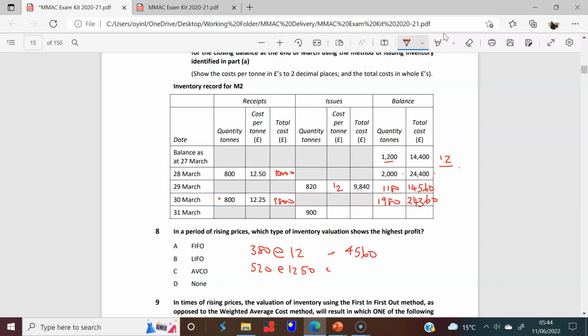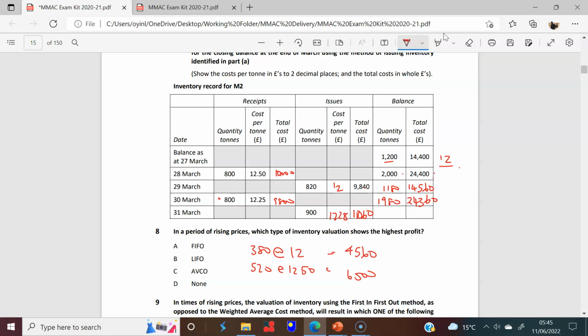And then you have 520 times £12.50, which is 6,500. So you should have a total of 11,060, and therefore a cost per ton of £12.28.